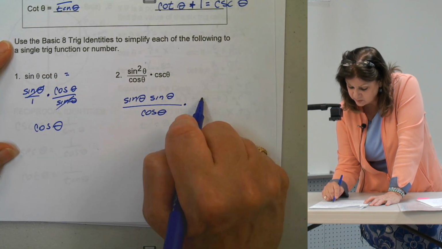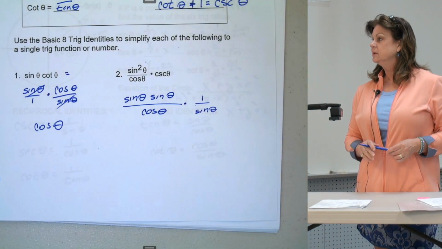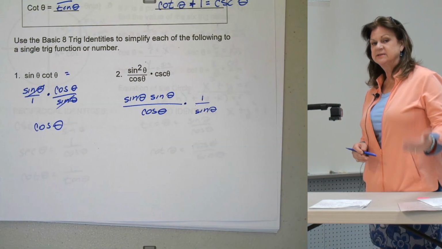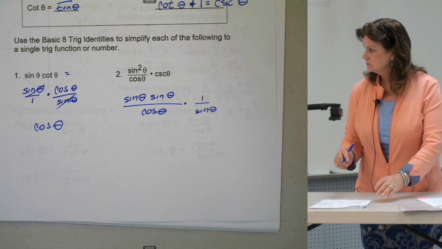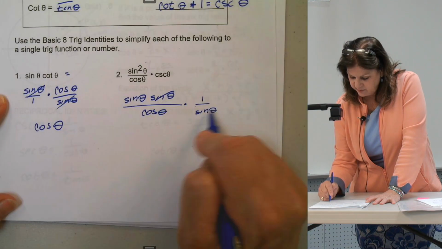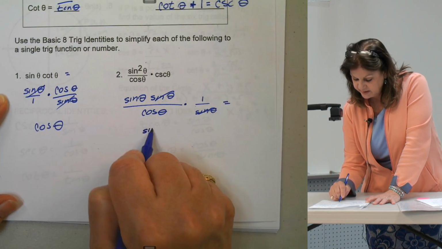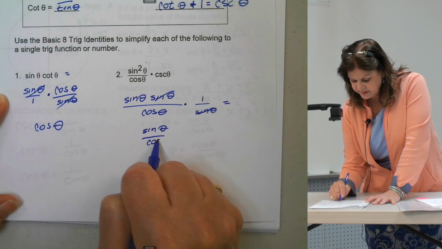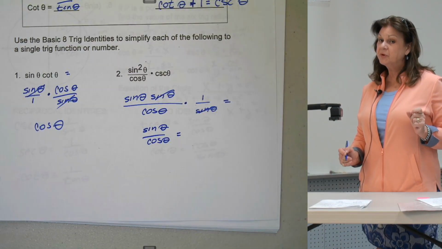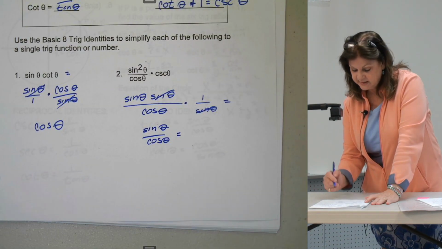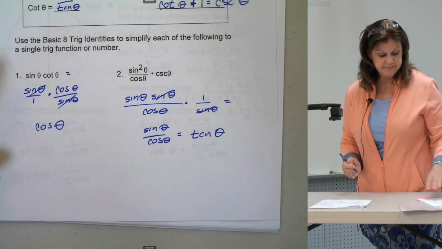Of course, it's 1 over sine theta. Sine times sine is sine squared. Oh, okay, well, here we go. I can cross that out. And now I simply have sine theta over cosine theta. But I'm looking for a single trig identity or number, and sine over cosine is tangent theta.